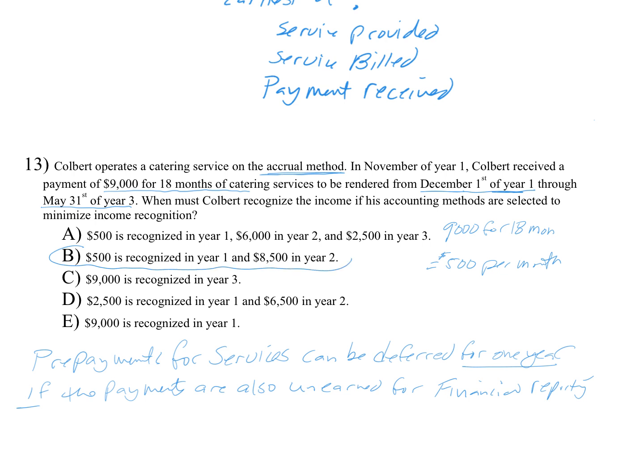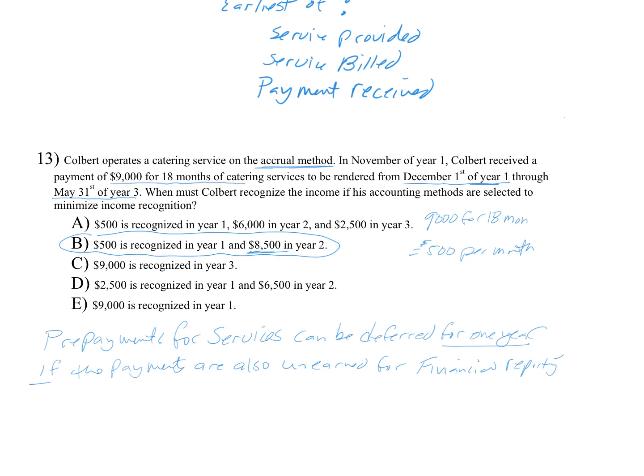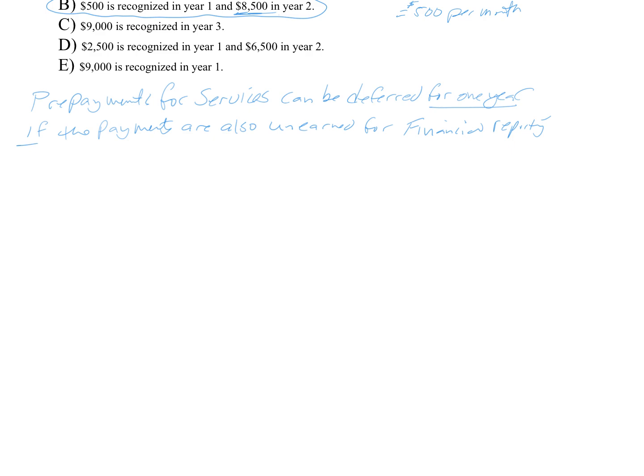B is going to be our option because we can recognize $500 in year 1, right? And then we can defer the others for 1 year and recognize $8,500 in year 2. And that is the last one on that page.